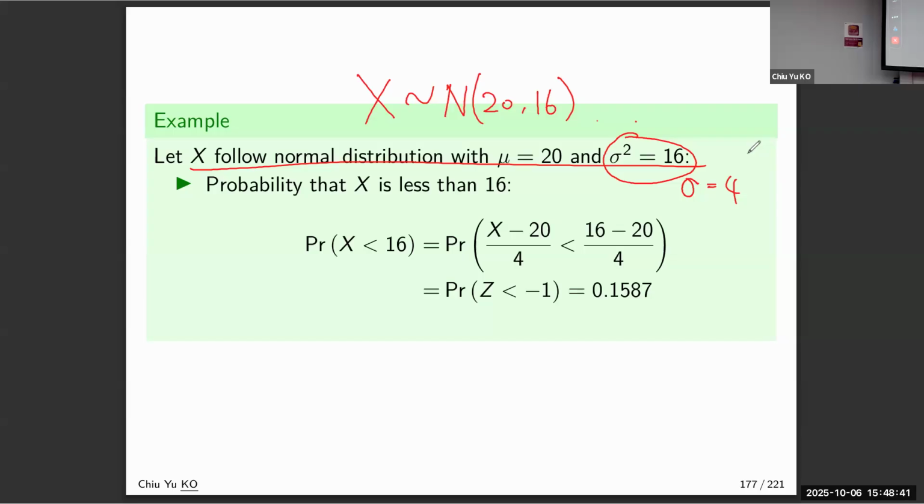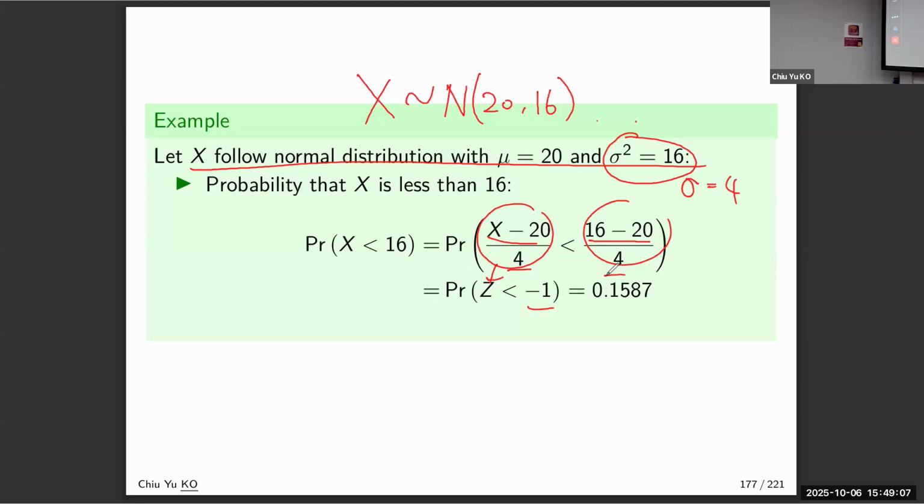You can do this by subtracting 20 from both sides, which reverses nothing here, then dividing by 4 on both sides; they're the same thing. So this becomes Z and this becomes -1. It's basically asking how many SD different from the mean, because 16 is 4 away from 20.